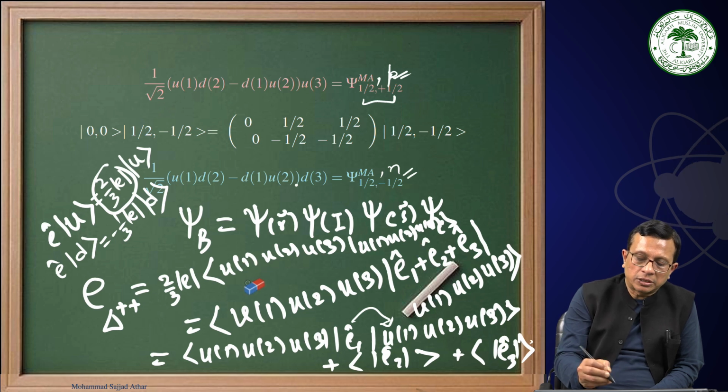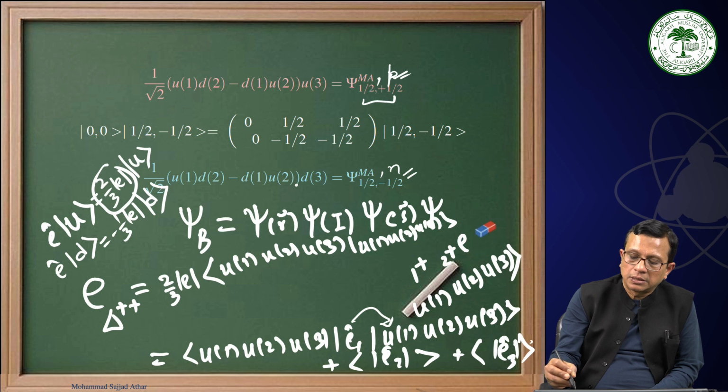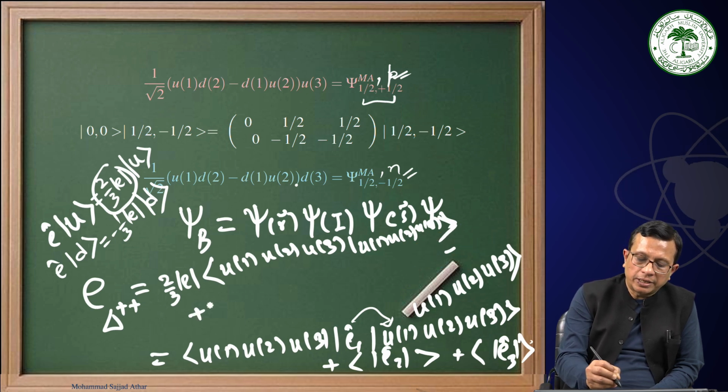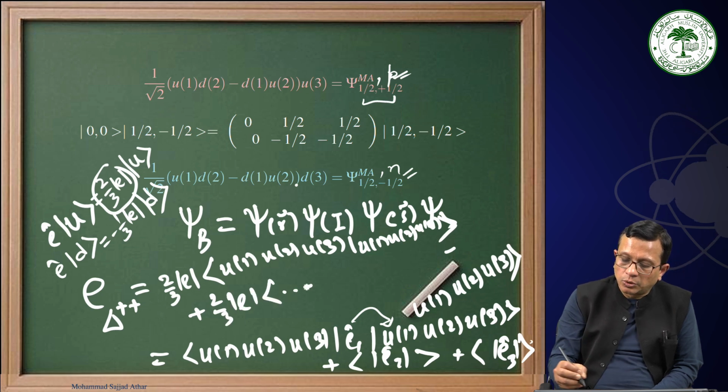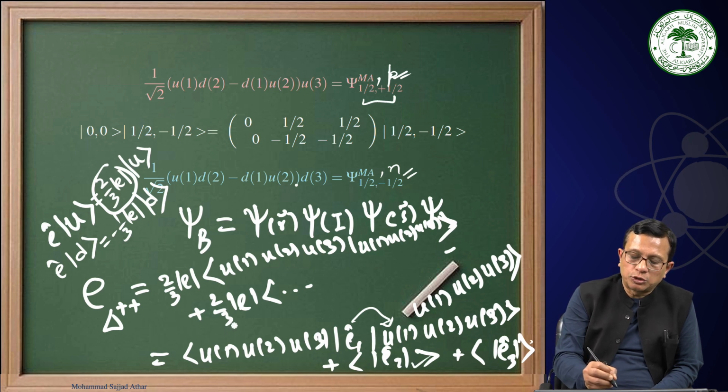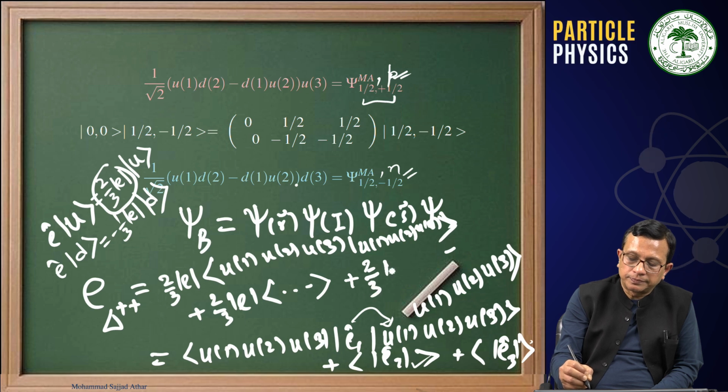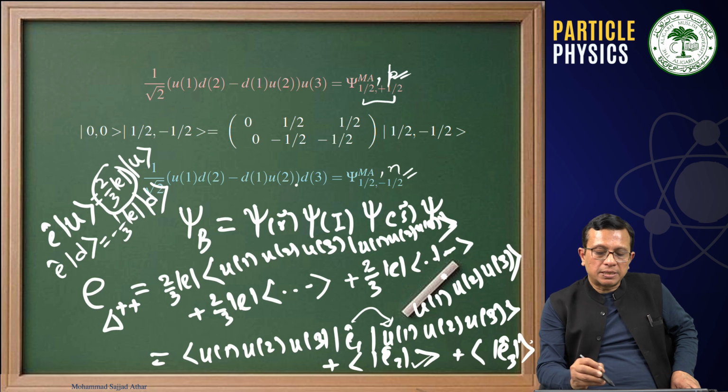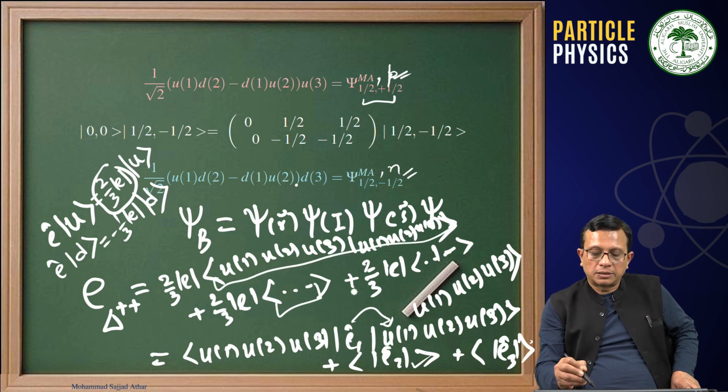And then similarly for the second one. This is for the first one. For the second one again 2/3, which operates on the particle in state 2, and that also gives 2/3 times this value plus 2/3 times that value. And these are all normalized, so this will be 1.